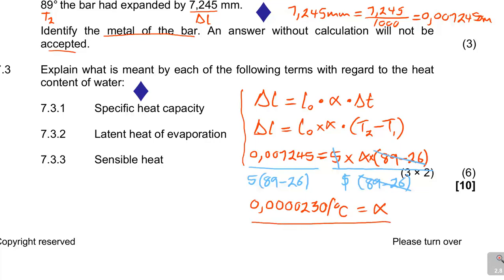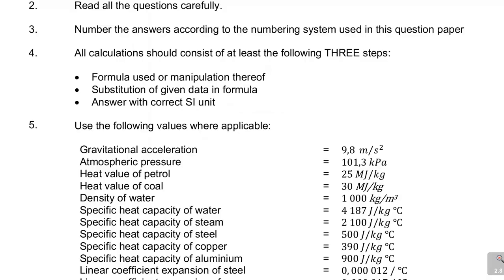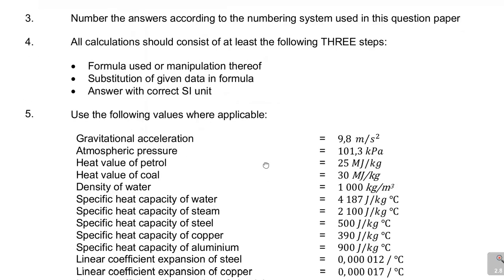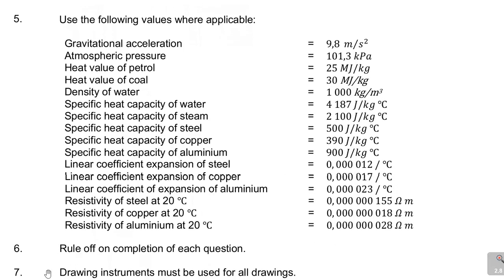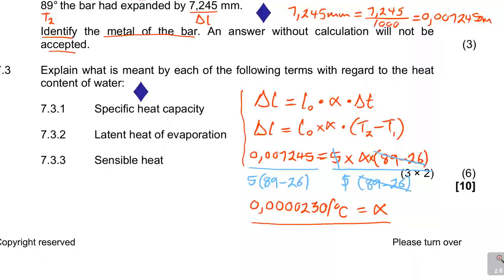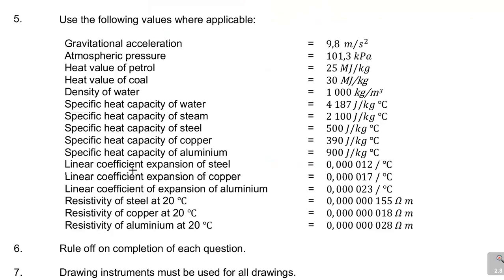Now the question is, I need to identify what type of metal this is. So what I'm going to do is to go to my constants here, where I'm going to look for the linear coefficient of expansion, and you can look at the numbers. Remember the number that I got, 0,00023 per degree. So if I come here and look at the numbers, you can see there is the number that I'm getting.